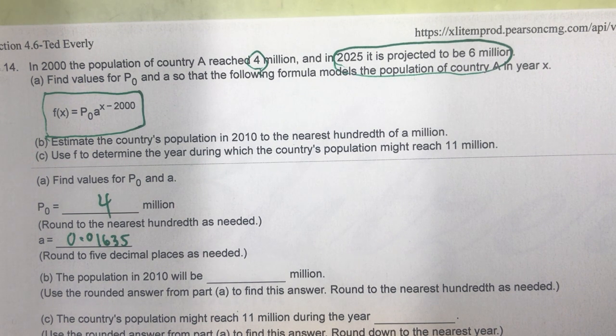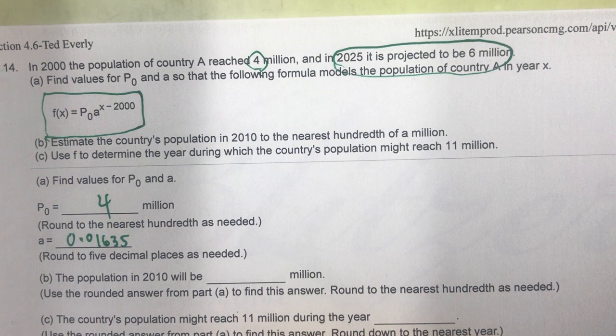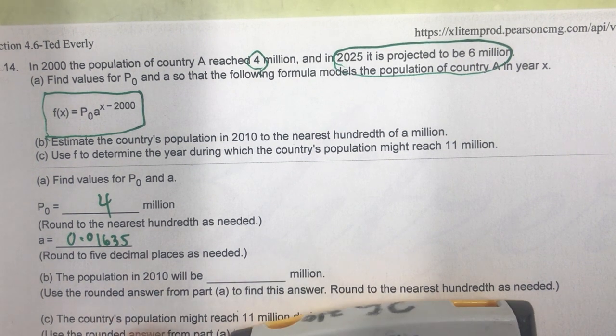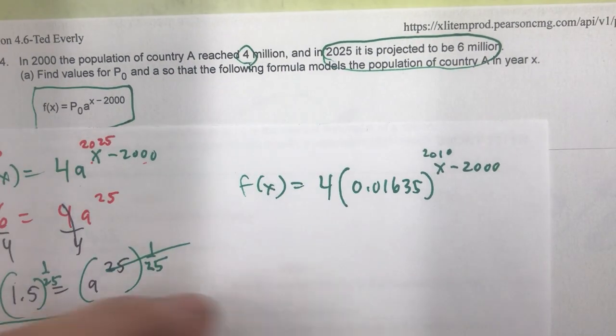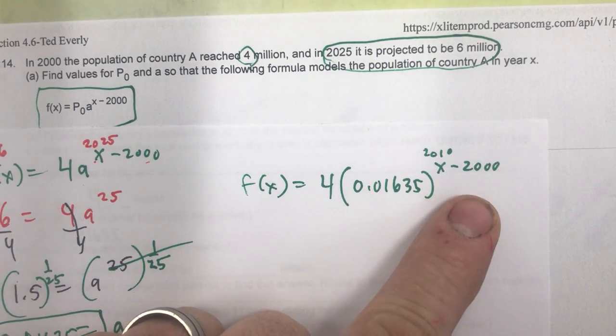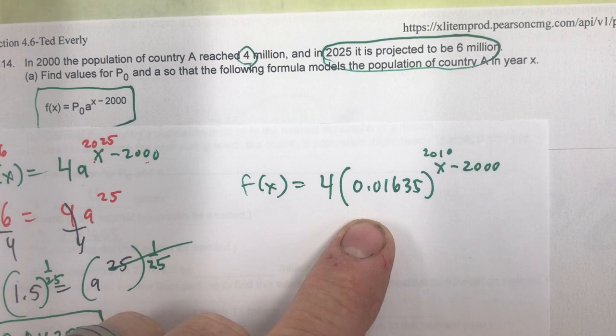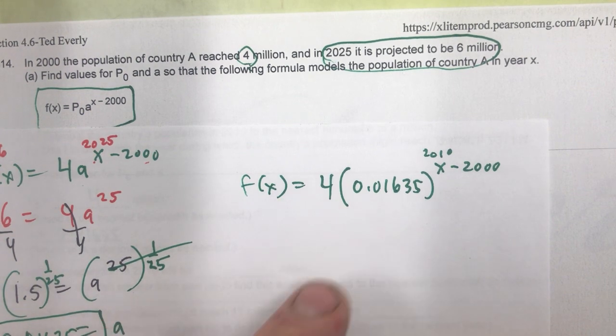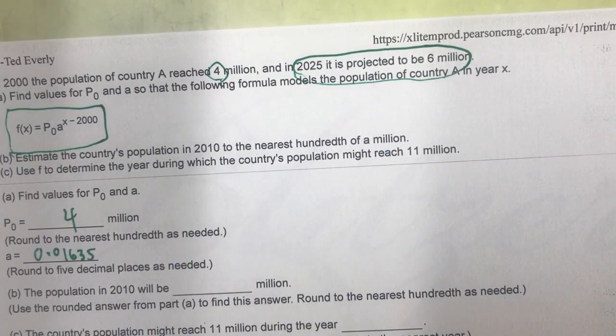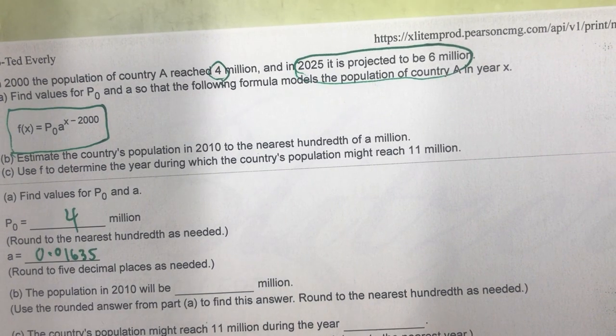I put 2010 in right here, minus 2000 is 10, so 4 times this to the 10 power. That's what I did, and that's not what the answer is.